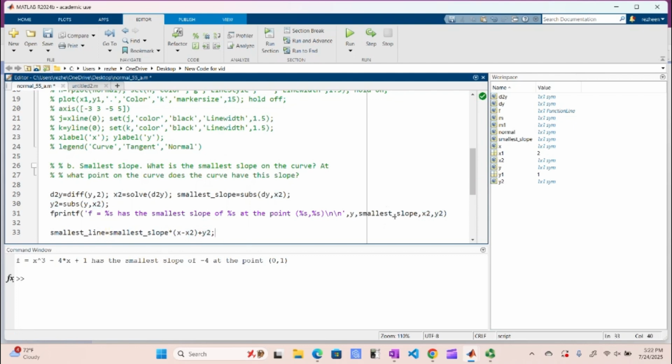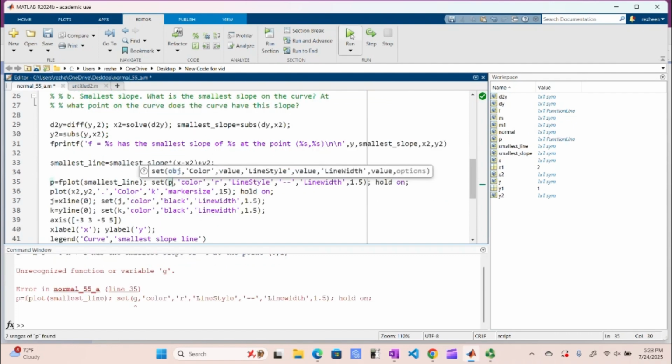So we found the smallest slope. Now the line would be in point-slope form: the smallest slope, which is similar to m, times x minus x2, plus y2. We moved y2 over to the right side. So now let's go ahead and graph everything.